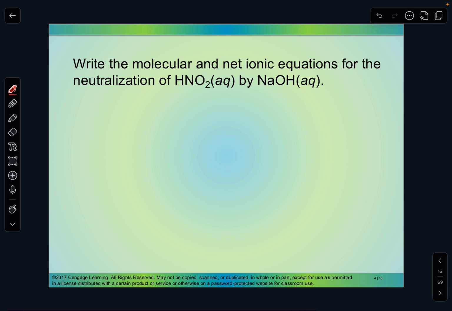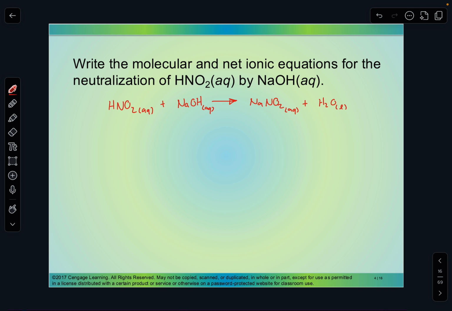Okay, so we have HNO2 (aq) plus NaOH. Make that go to do the double replacement reaction. So that's NaNO2, and we'll put an aq here, an aq here. I oftentimes forget to put the states of matter, but I will do my best to remember. And we have H2O on the other side.